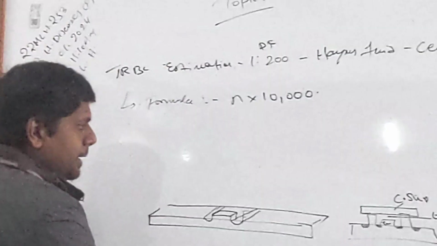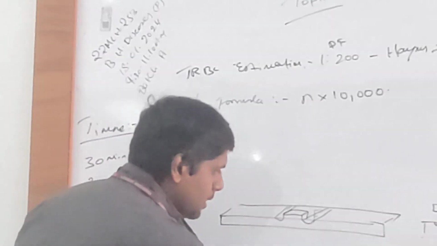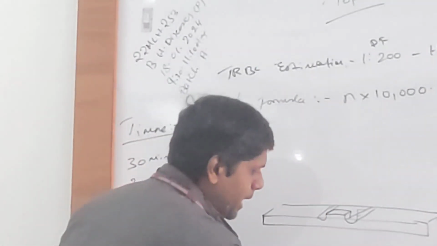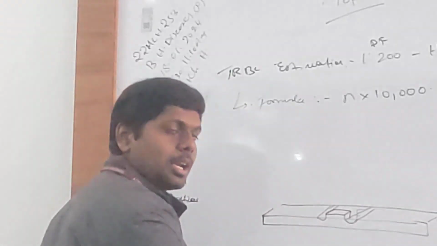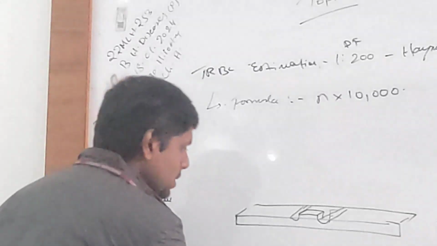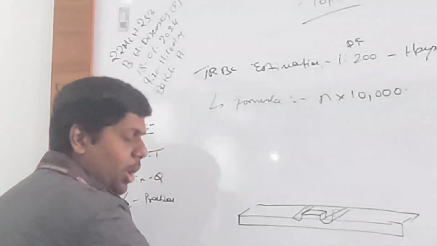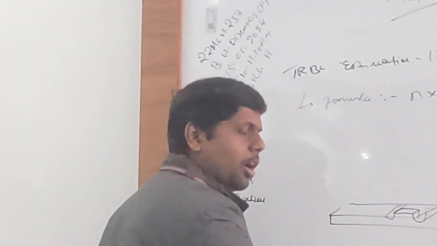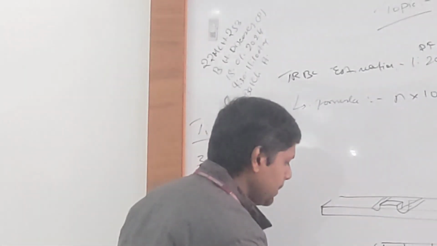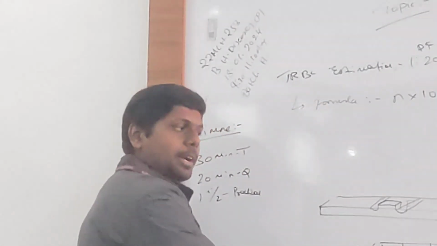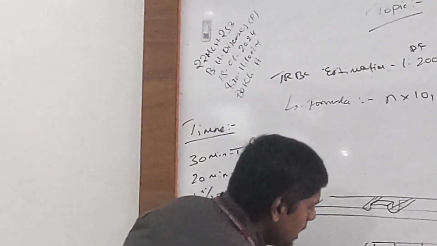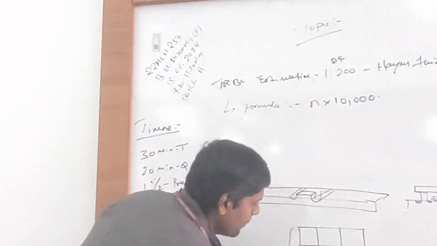Coming to the Neubauer chamber, the large square has been divided into 3 into 3, total 9 squares. So the overall area will be 3 mm by 3 mm, and also the depth is there, 0.1 mm. Each large square is 1 mm.